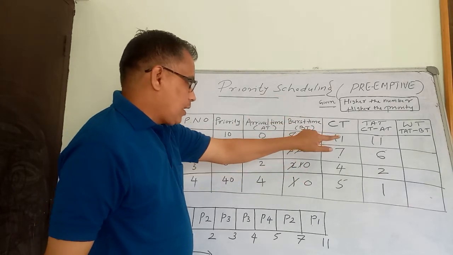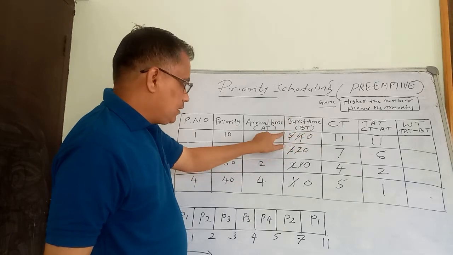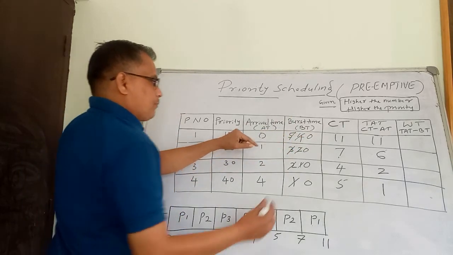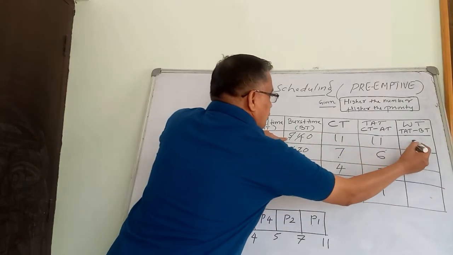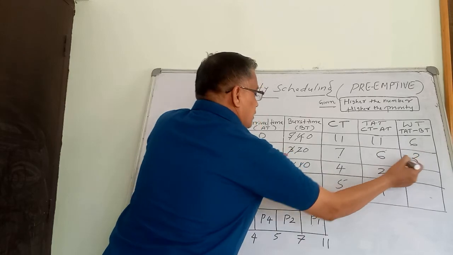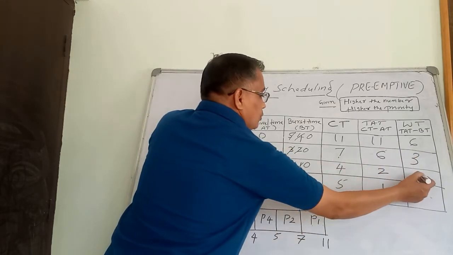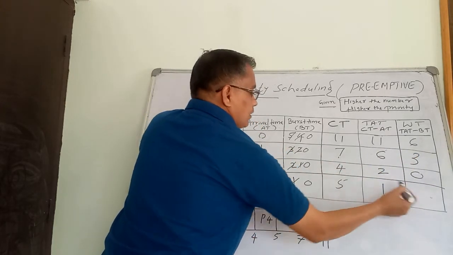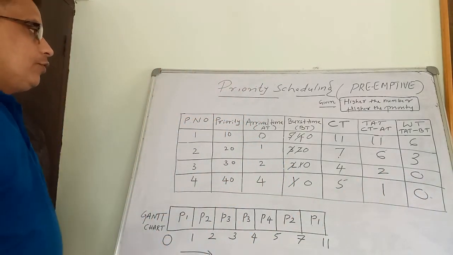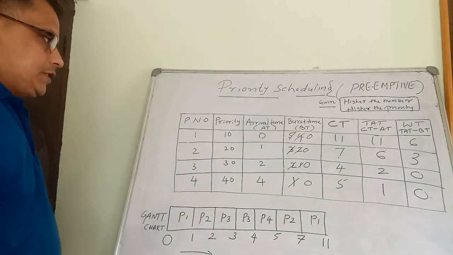You have to consider the original burst time of the individual process. 11 minus 5, 6. 6 minus 3, 3. 2 minus 2, 0. 1 minus 1, 0. In this way you have to find out the waiting time of each process.